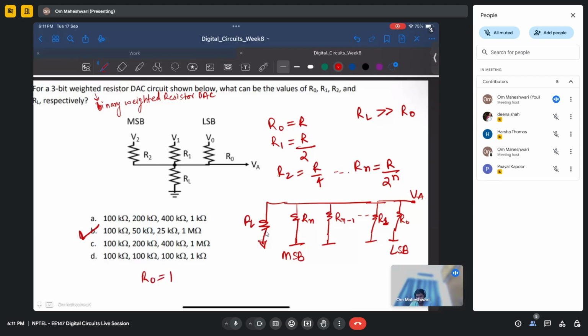R0 equals 100 kilo ohm, R1 equals R0 by 2, which is 50 kilo ohm, R2 equals R0 by 4, which is 25 kilo ohm, and RL is 1 mega ohm.